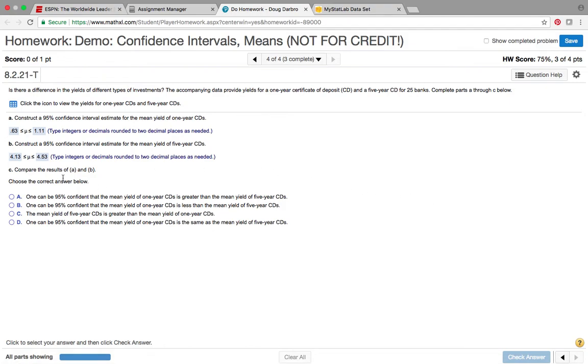Now, if this interval, for example, started with a number less than 1.11, but was higher than 0.63, in other words, contained in this interval, then we would have an overlap in the intervals. But we don't have that. So that tells me that this interval here is statistically significantly higher than this interval right here. Now, again, if these overlapped, it wouldn't be the case.